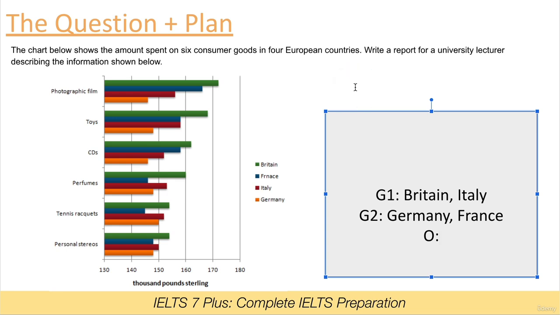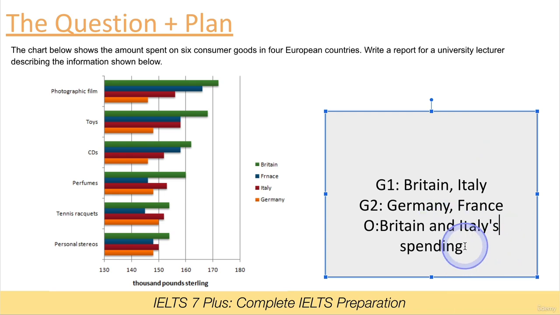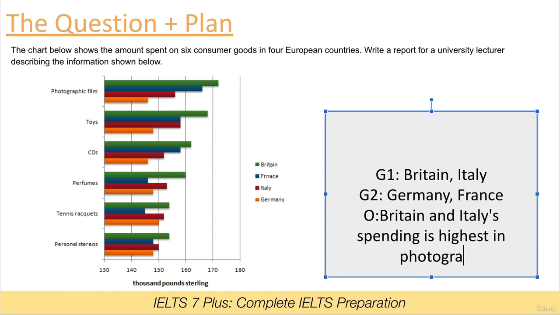So an overview then. Let's have a think. We have Britain and Italy's spending, Italy's with the apostrophe there, spending is highest in photographic film. These are just notes, so we don't have to make full sentences. And toys.